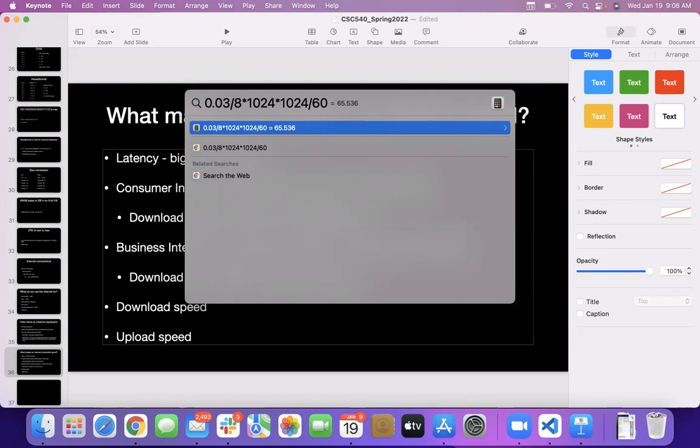That's what we actually need in order to have a fast enough download to deal with the amount of data we would be receiving from a single client every 60th of a second. That's not very fast internet, okay? Or is it? 0.03 times 1024 is 30.72 kilobits every 60th of a second.